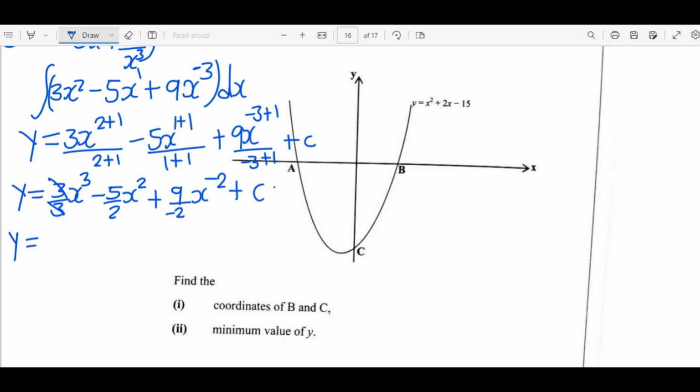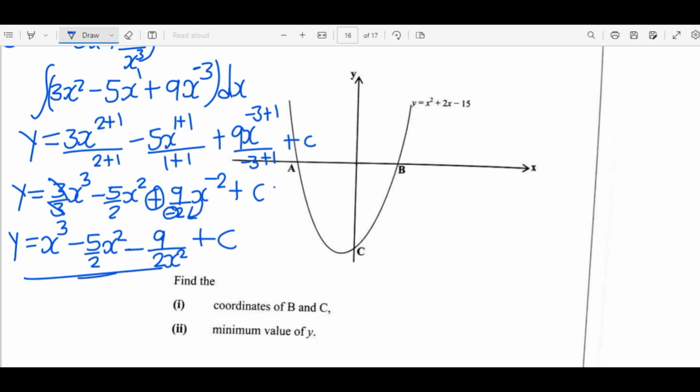So we can cancel this, giving us x raised to the power 3 minus 5 over 2 x squared. Then negative times positive will give us negative 9 over 2. Then if we take our x back to the bottom, this will change to 2x raised to the power positive 2 plus c. So this is the integral of the given equation.